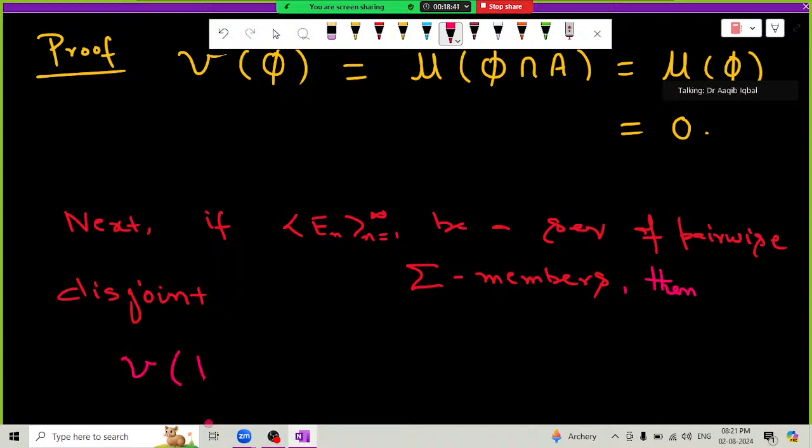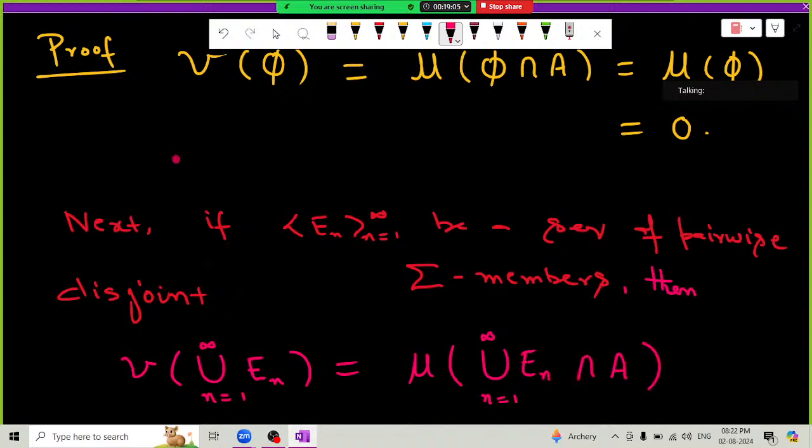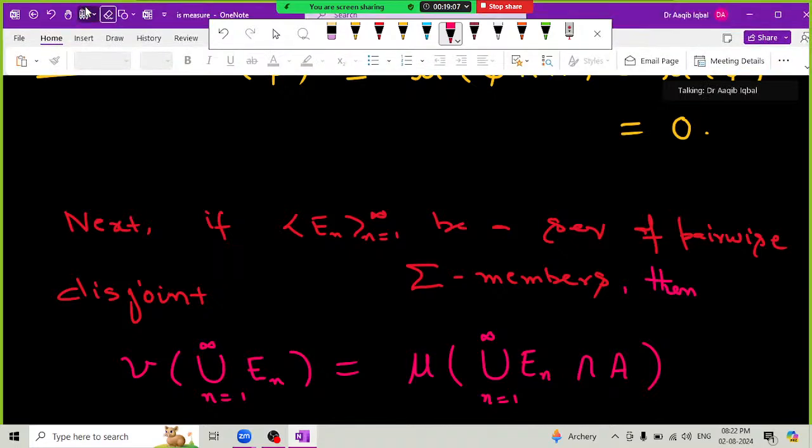Then nu of the union, n running from 1 to infinity, En. What will be this by definition? Because nu of E is mu of E intersected with A, and in place of E here we have the union, so therefore it will be mu of the union, n running from 1 to infinity, En, then intersected with A. So this will be this by definition of nu.